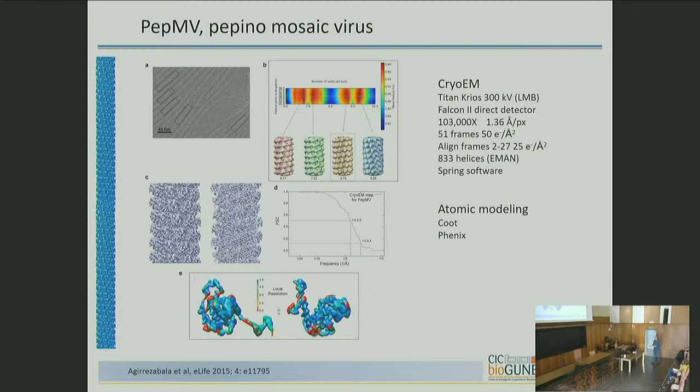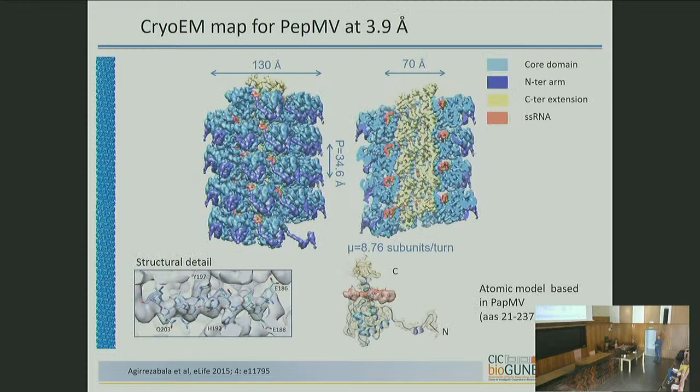So what we learn about the structure. This is kind of crazy coloring, but it's just to see that the light blue is the core domain, and we have the N-terminal flexible arm that is bridged into the next subunit, in purple, and on the inner side we have the C-terminal region. The red displays the RNA.